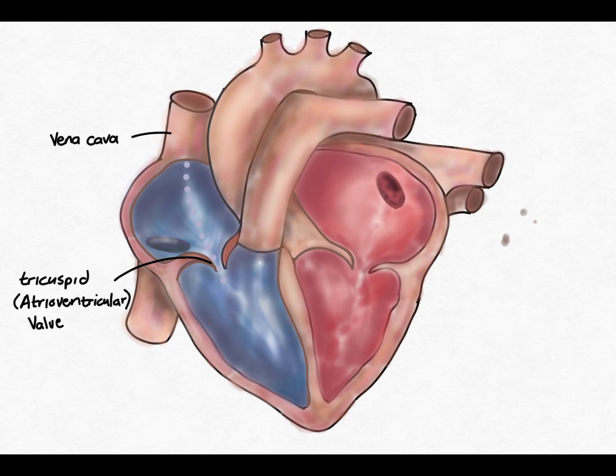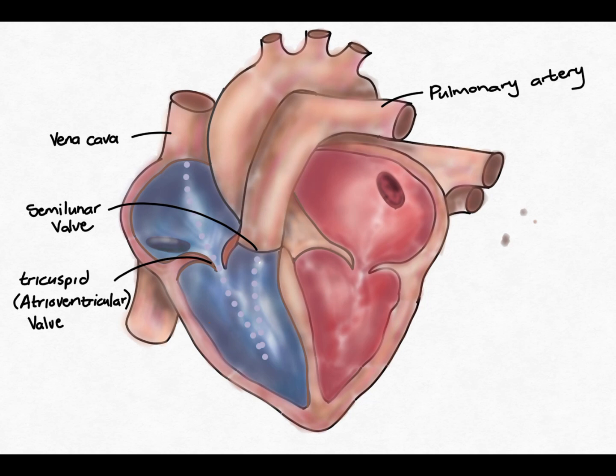It will then enter the ventricle and then go through our second valve called our semilunar valve. Now this valve is found inside of our pulmonary artery. Blood will then flow through our pulmonary artery, and this will then be towards the lungs for our pulmonary circulation.